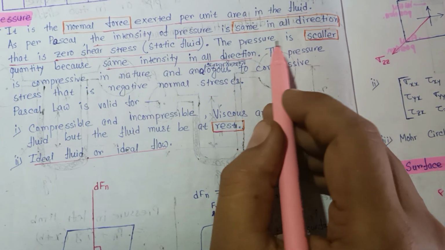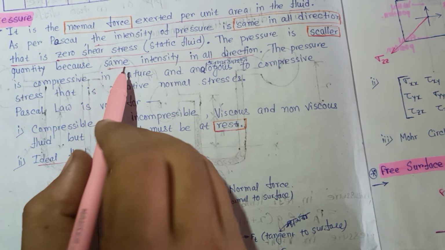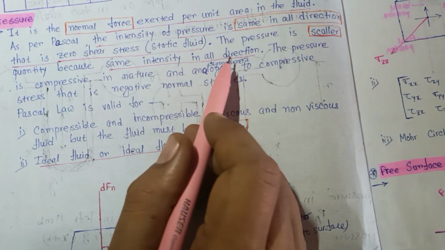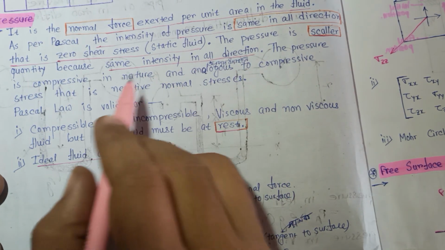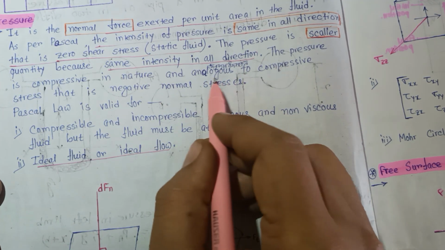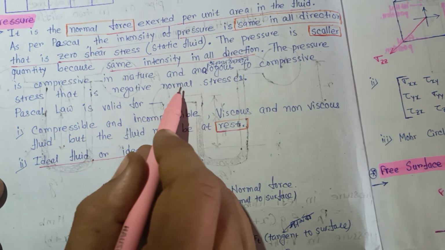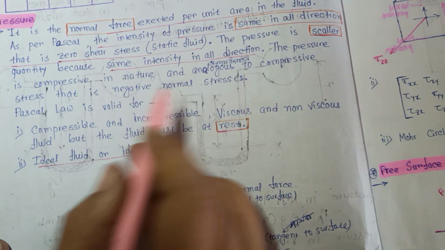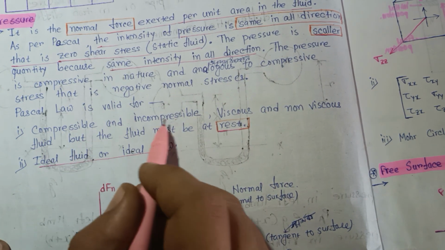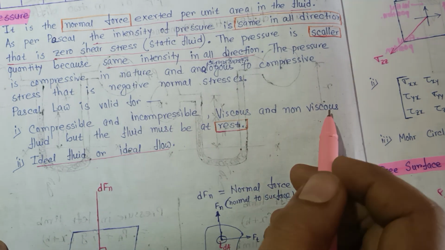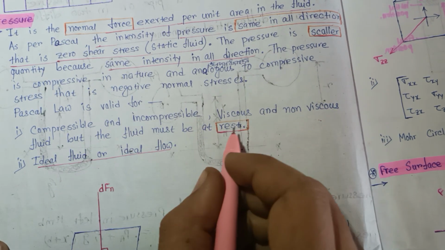The pressure is a scalar quantity because it has the same intensity in all directions. The pressure is compressive in nature and analogous to compressive stress, that is negative normal stress. So Pascal's law is valid for compressible and incompressible, viscous and non-viscous fluid, but the fluid must be at rest.